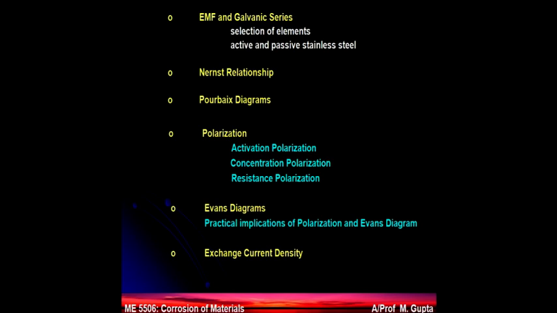Then we moved on to polarization, because from the EMF and galvanic series, we can tell which material combination, which material will corrode, which one will not corrode, and what the direction will be, but we do not know how fast the reaction will go. Whenever we use a battery, it fades with time. That explains why the fading takes place. As the corrosion proceeds, the ions are going into the solution and some kind of oxide layers are forming.